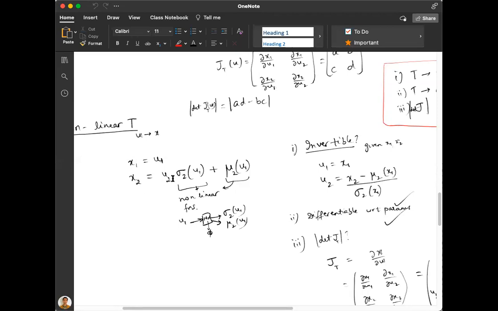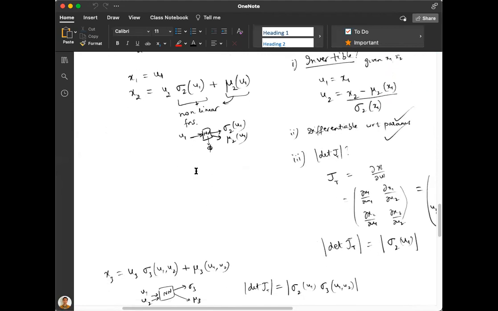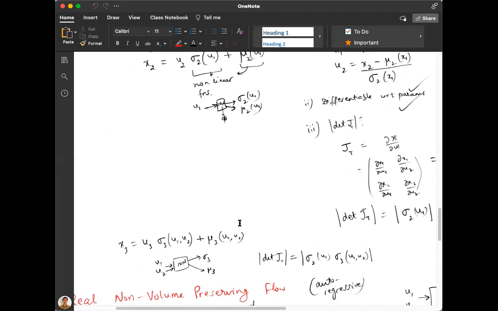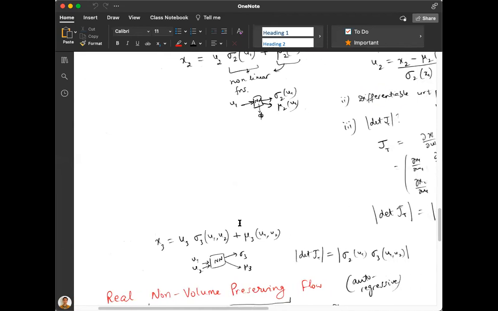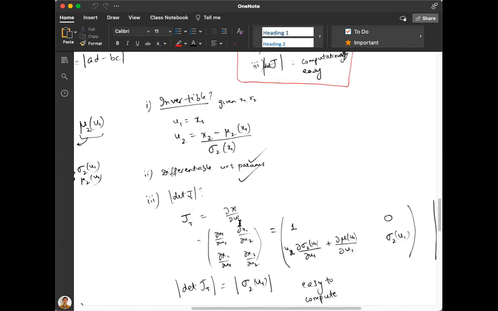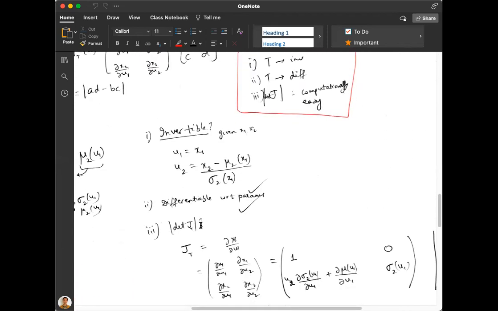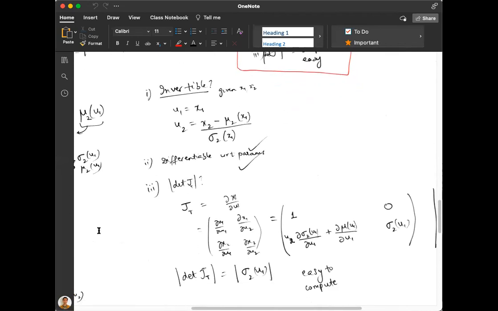And x3 will be linearly dependent on u3, but non-linearly dependent on the previous u's, u2, u1, etc. So that was our philosophy to construct a non-linear mapping which is still invertible. And we found here the inverse of the map and the determinant of the Jacobian. So these are the two things essentially which we will need, right? We need the inverse and we need the determinant of J.